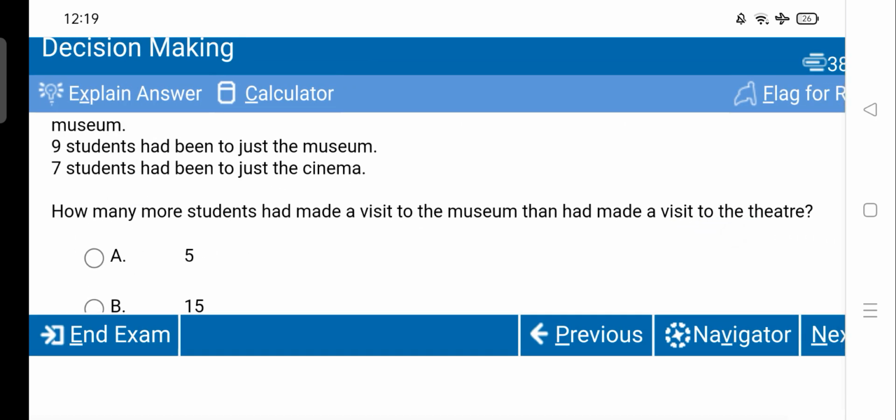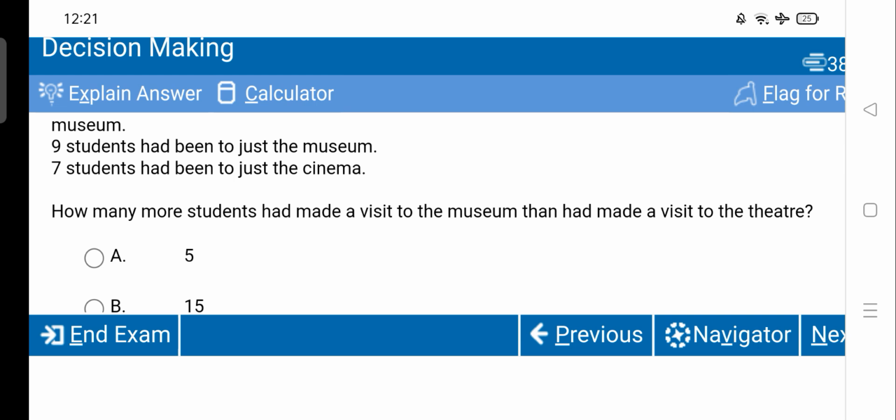How many more students had made a visit to the museum than had made a visit to the theatre? So how many more students had made a visit to the museum than the theatre?